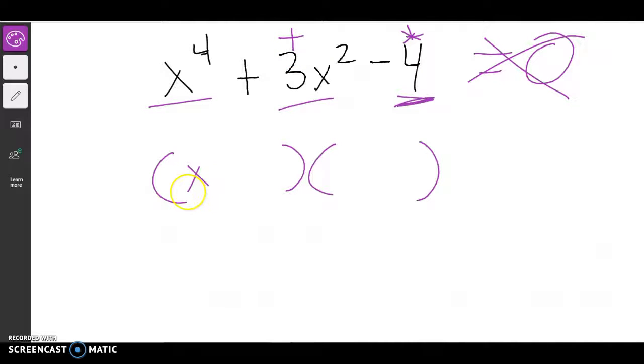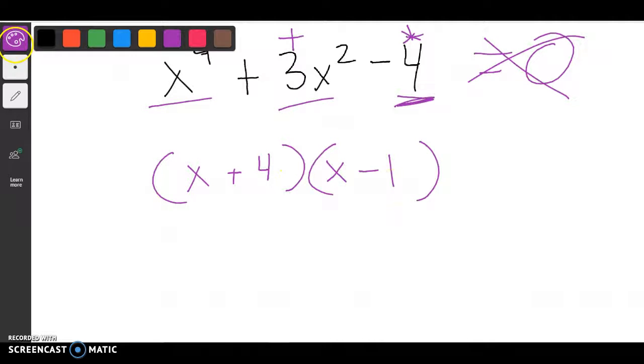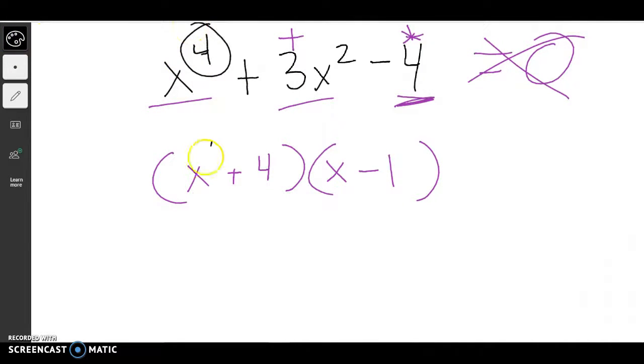Those two numbers would be +4 and -1. Because it becomes to the 4th power, these things need to be squared. So x squared plus 4 and x squared minus 1.